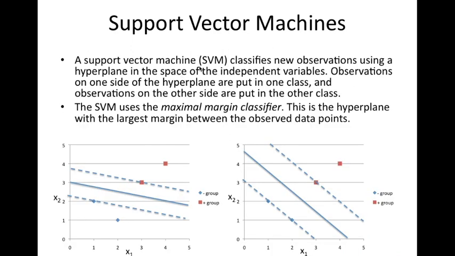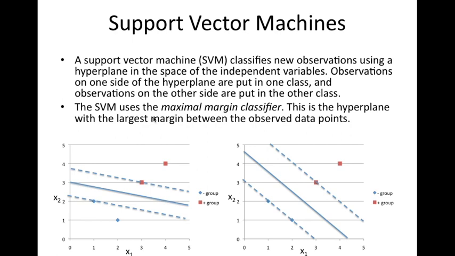So a support vector machine does this classification using a hyperplane in the space of the independent variables, the x variables. In a 2D case, a hyperplane is just a line, so that makes it simple to plot for us here. But there could be more x variables. So in 3 dimensions, a hyperplane is just a plane, and so on and so forth for higher dimensions.